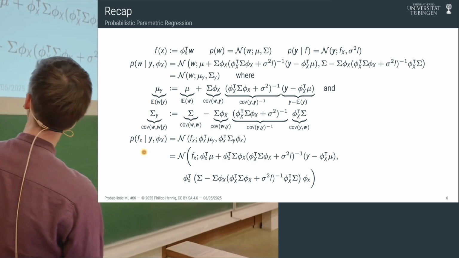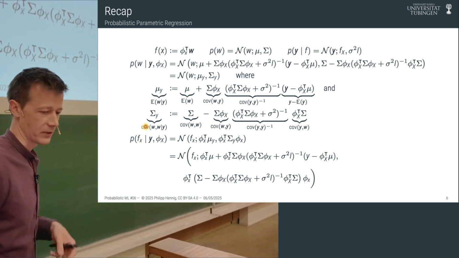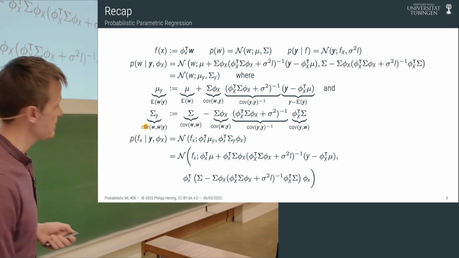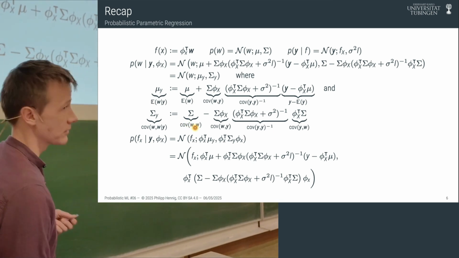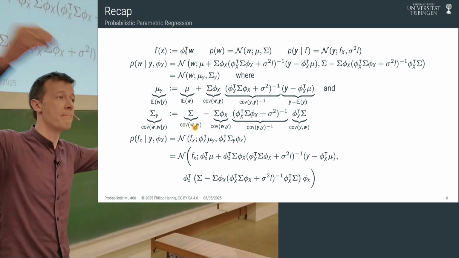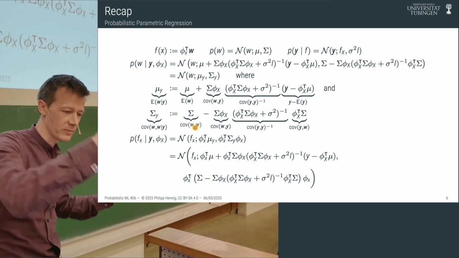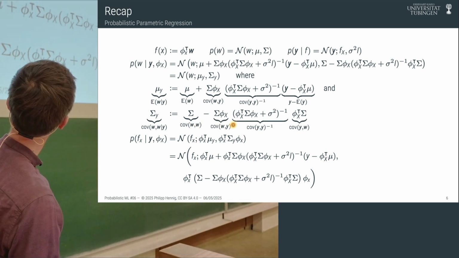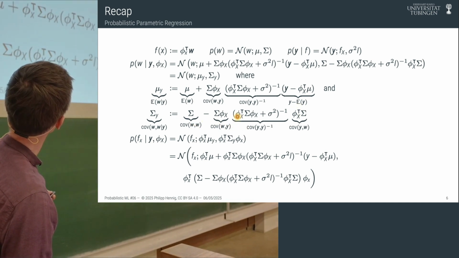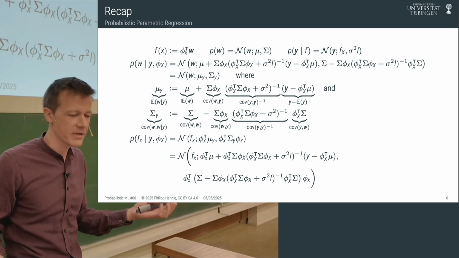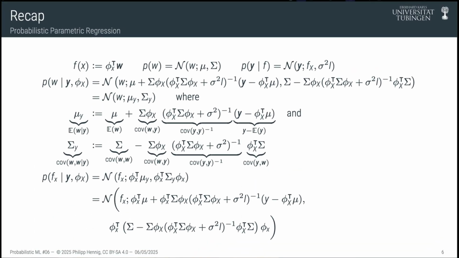And the posterior covariance, the uncertainty that we find here, is equal to the prior uncertainty, so that's a large thing, minus something because we've learned something, we've become more confident. And this term, as it happens, is just a property of inverses of matrices. It's not particularly intuitive why it looks this way.